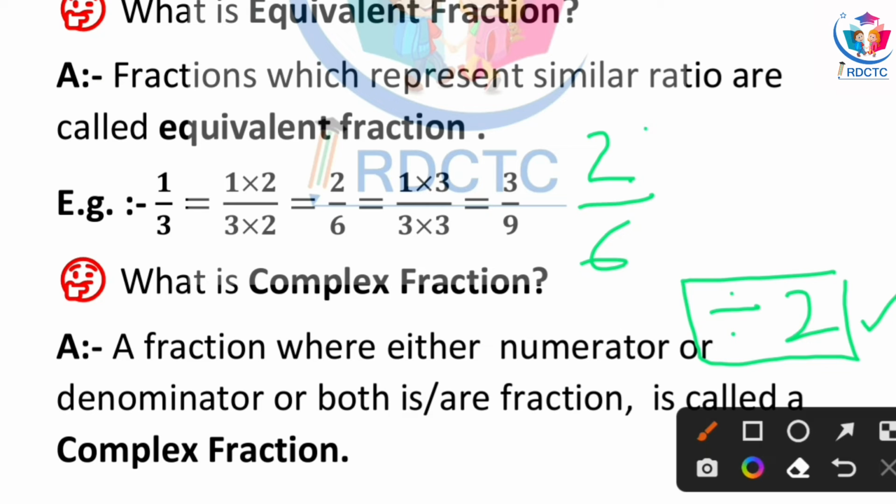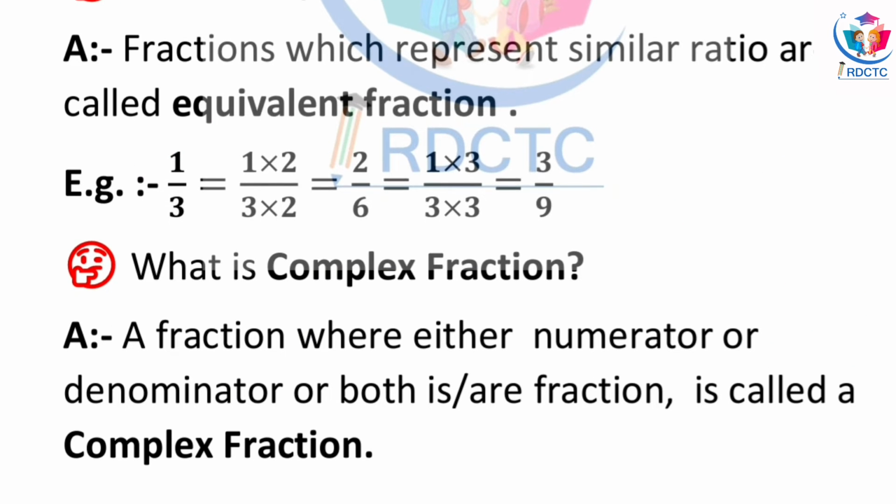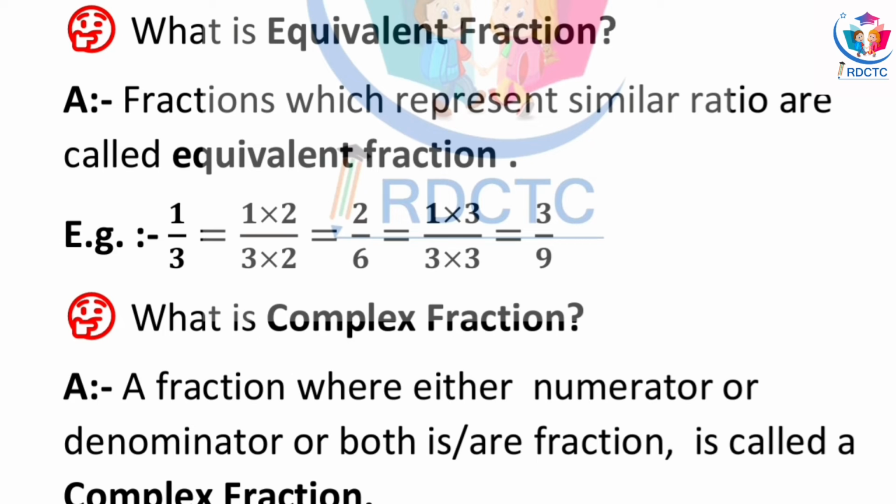If we divide 2 by 2, we get the quotient 1, and if we divide 6 by 2, we get the quotient 3, and the answer is 1 by 3, and it is the given fraction mentioned here. That is why we said that fractions which represent similar ratio are called equivalent fraction.